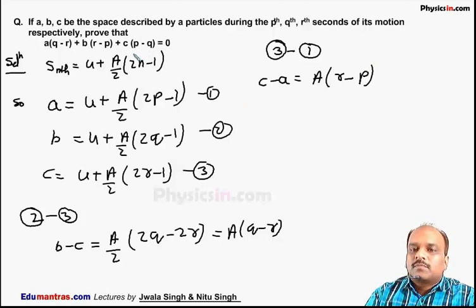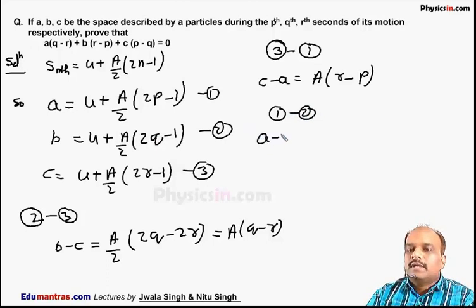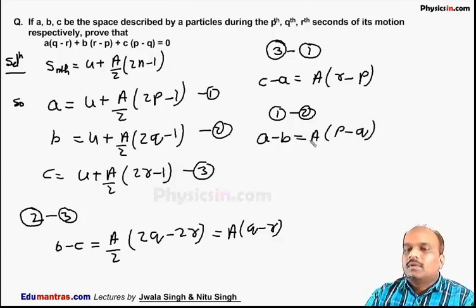If I subtract first minus second, then I get A minus B is equal to a into p minus q. Let this expression be fourth, let this expression be fifth, let this expression be sixth.